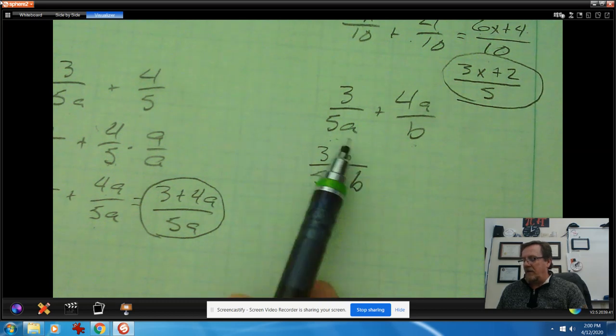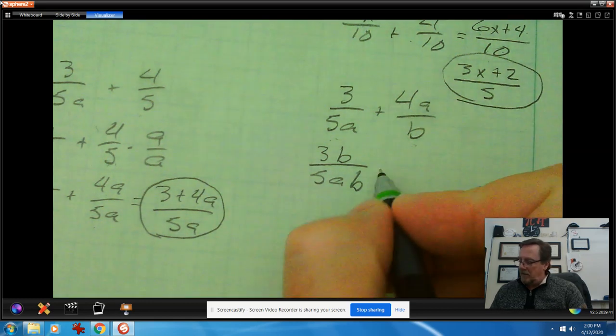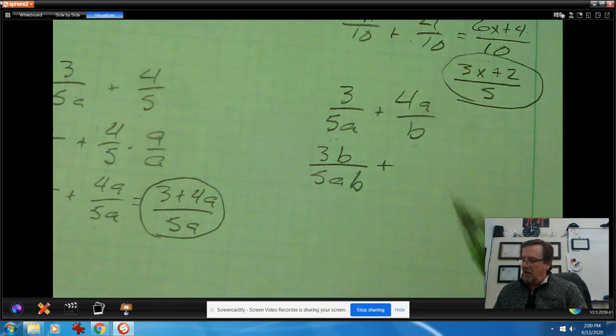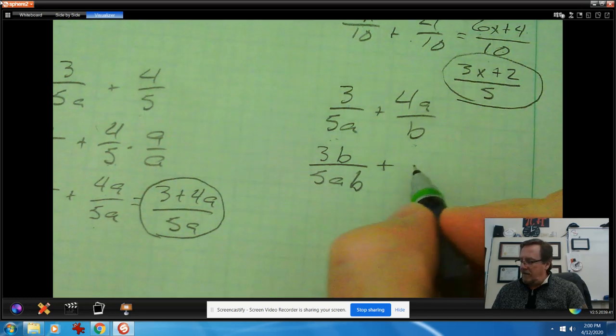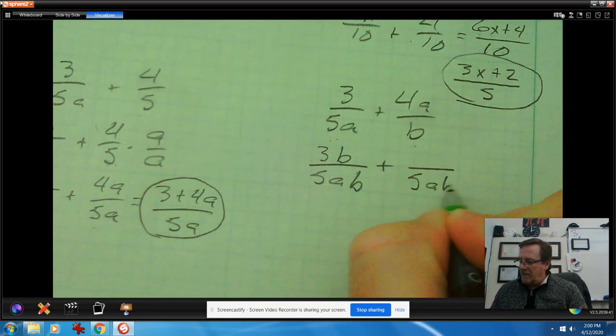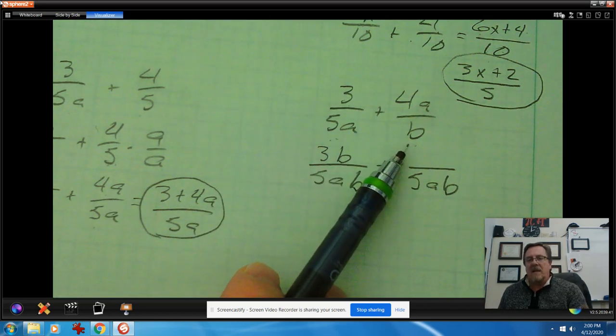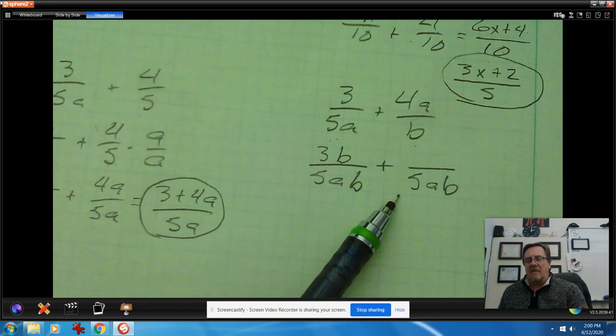That's the only difference. 5a to 5ab is just I multiplied by b. What do I have to multiply over here? If I want to have 5ab from my denominator, what would I have to multiply times b to get 5ab? Yeah, and I'd have to multiply by 5a, wouldn't I?